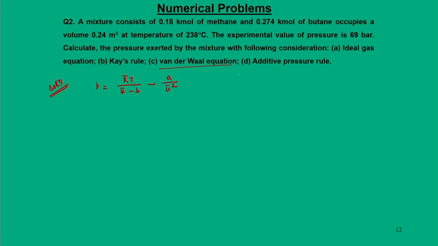V bar we already know, 0.53 meter cube per kilomole. Now, what you do not know is A and B. R bar is already known, what you do not know is A and B.